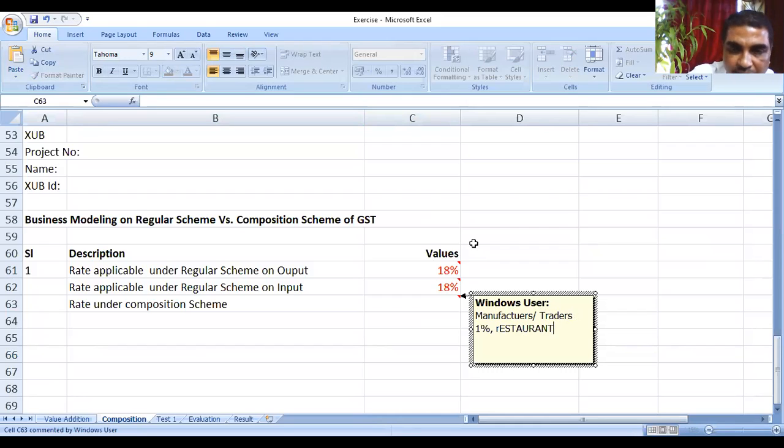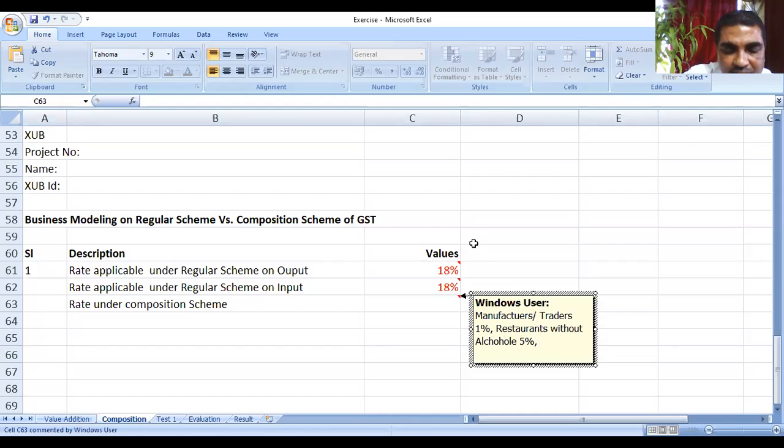Restaurants, sorry, without alcohol. What is the rate applicable for this kind of restaurant?